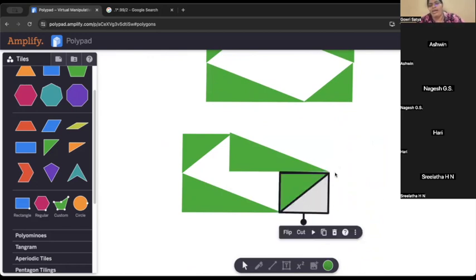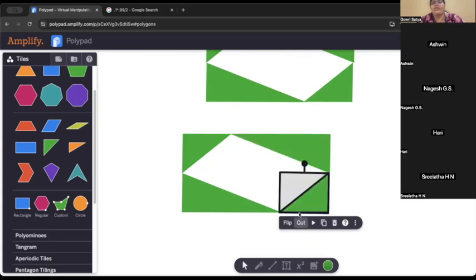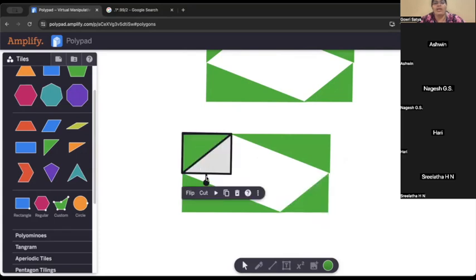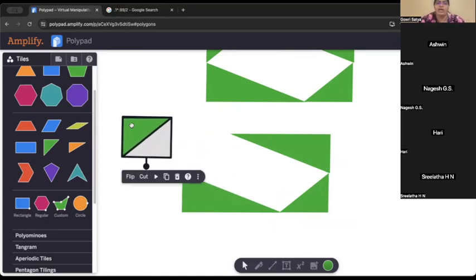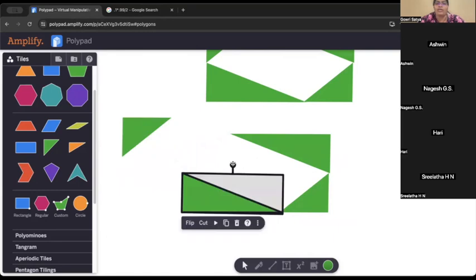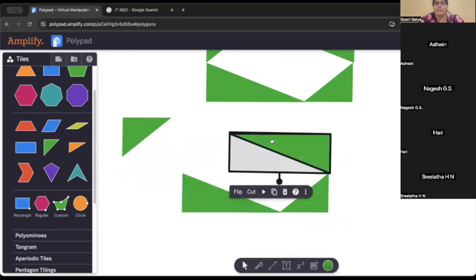Not this way. How will I get right angles if the hypotenuse is to the outside? Oh, so this and this will add up to give a right angle. This and this, oh, here I can't alternate. Interesting, no?